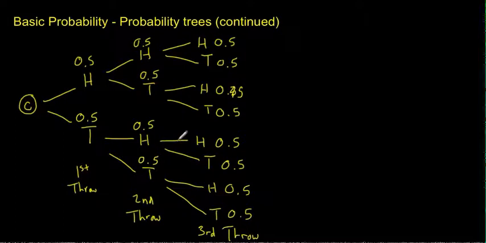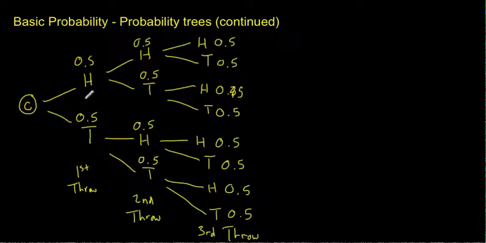Maybe it's weighted on one side, or it's got two sides that are the same, whatever. But if it's a fair coin, it has two sides that are different, and it's evenly weighted, then theoretically, this is theoretical probability that we're talking about here, you should have the same possible outcome in terms of probability for each of these.